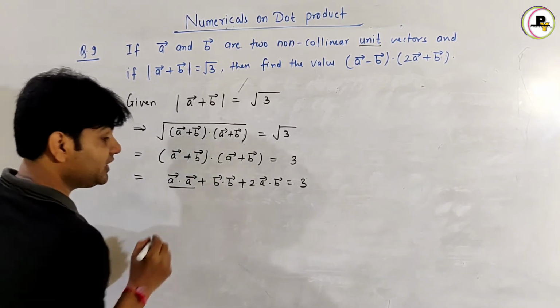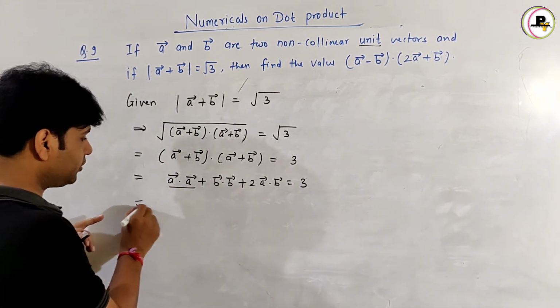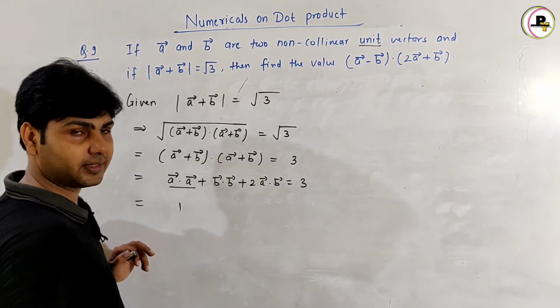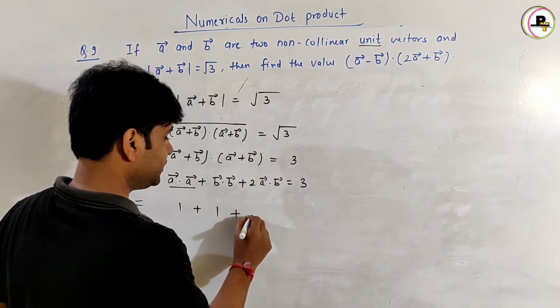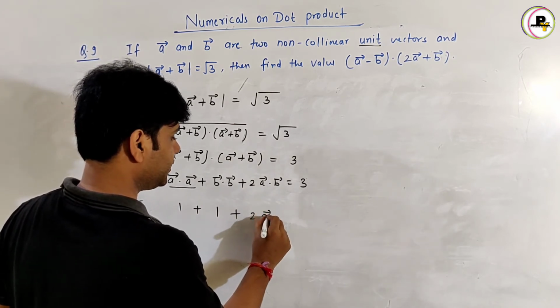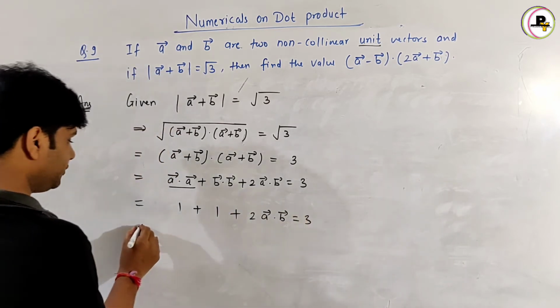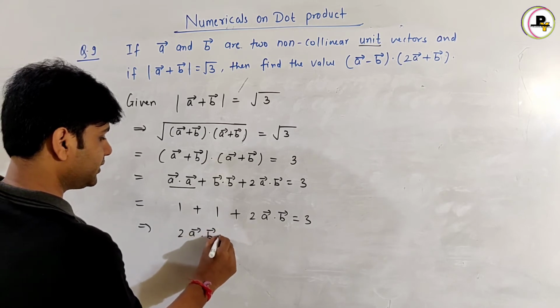Similarly for the B vector, this value is also 1. Plus I get here 2 A vector dot B vector, and this is equal to 3, and therefore I get 2 A vector dot B vector is equal to 3.